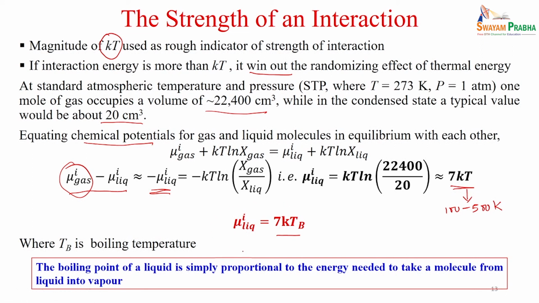From this expression, the boiling point of a liquid is simply proportional to the energy needed to take a molecule from the liquid to the vapor. So the boiling point is directly proportional to mu_i liquid, the energy needed to take a molecule from the liquid into the vapor.